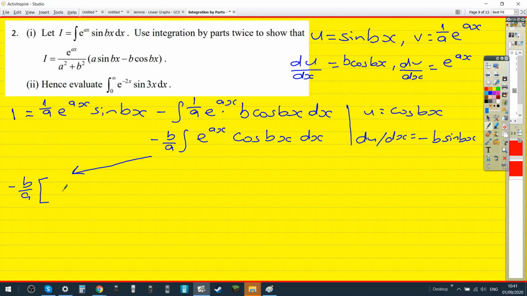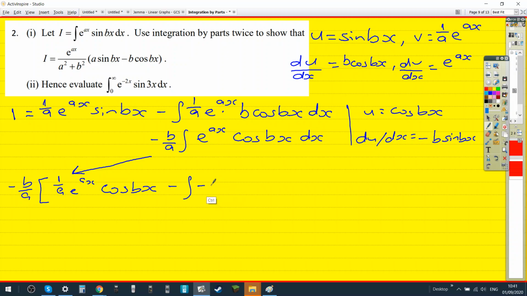Sorry, u times v. Did you say 1 over a e to the ax times cos bx? I was looking at the wrong one up here. Okay. Then minus b sine bx times 1 over a e to the ax. But you could just take out the minus.